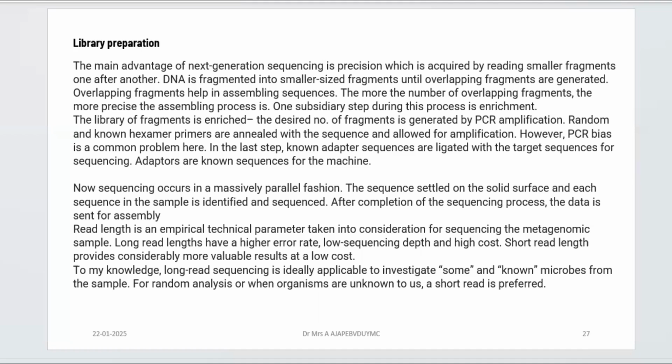So amplification of those fragments can be done, and the desired fragments are amplified. That means you are going to do PCR for those. And for PCR, you use random or known hexamer primers. They are annealed to it, amplification is done, and then you have multiple copies produced.